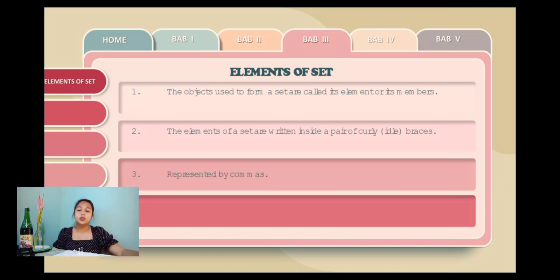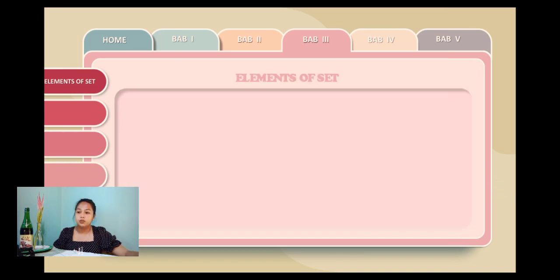Third, they are separated by commas. So, yung nakapaloob na element doon sa loob ng bracket ay merong comma sa pagitan ng each member or element. And the last one is the name of the set is always written in a capital letter.